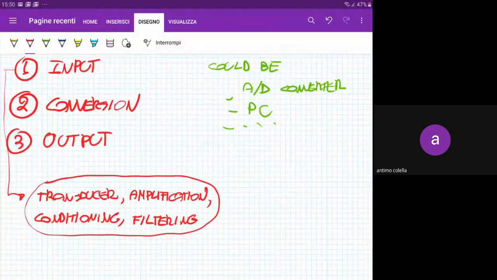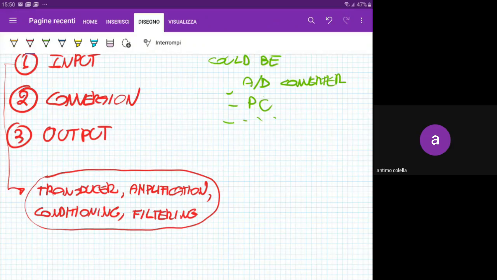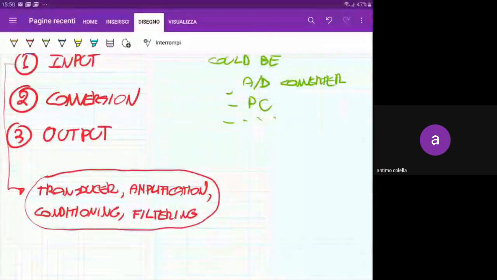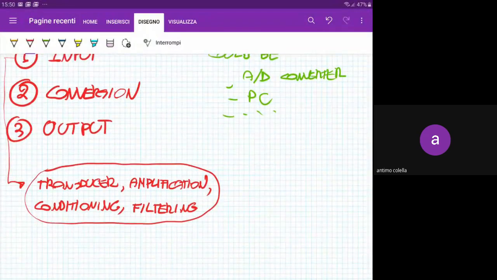The problem, and therefore the idea behind this, is that the output tension, the electrical signal coming straight from the transducer, is characterized by very low values and a bit of noise, something that could be improved from the quality point of view of the electrical signal.